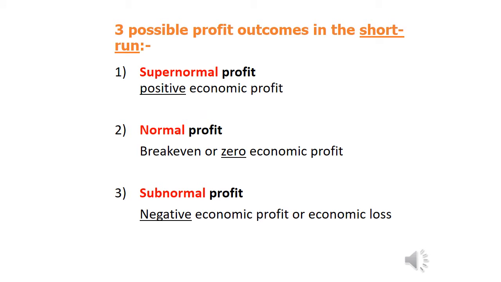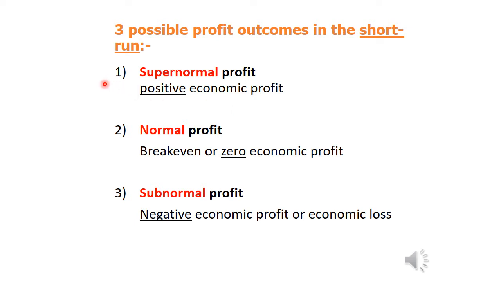Now, in the short run, the firm can make different levels of profit. These are terms that you must remember. The first one is when the firm makes money, the usual notion that a business makes money. That profit level is called supernormal, or positive economic profit. That means the firm makes money.